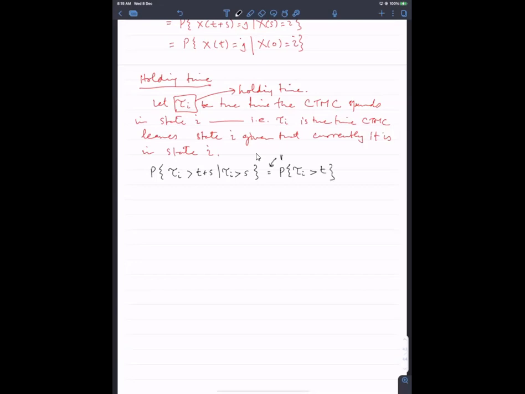This is the Markov property, and the Markov chain has to follow the Markov property, whether it is a discrete time Markov chain or a continuous time Markov chain. So what this expression means is that tau i is memoryless, and the only continuous random variable which is memoryless is an exponential random variable. So this implies that tau i is exponential with a certain parameter lambda i.